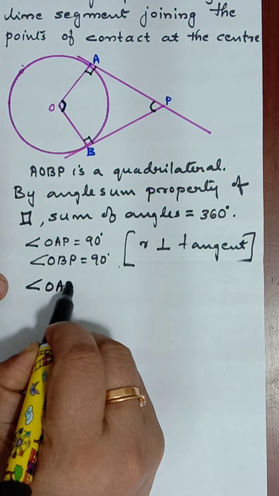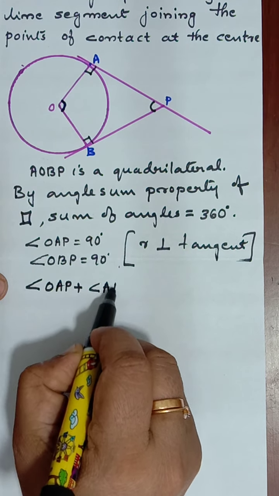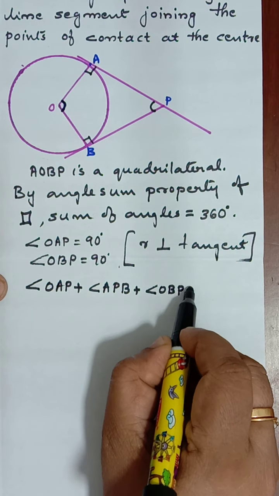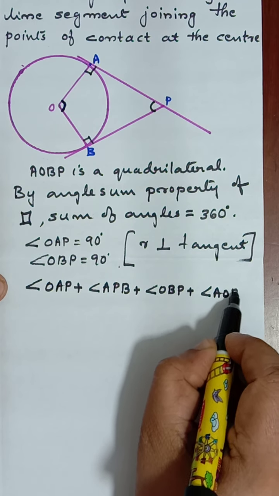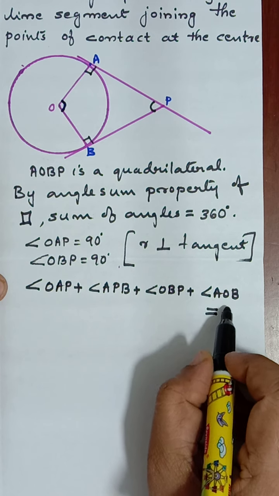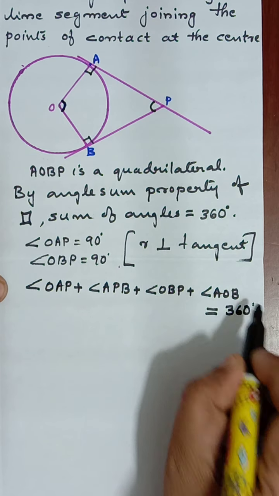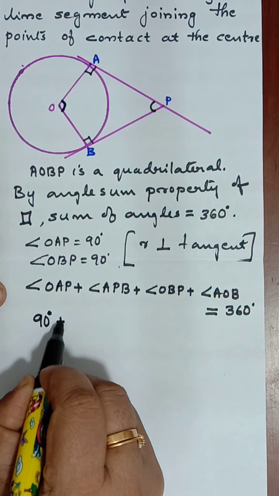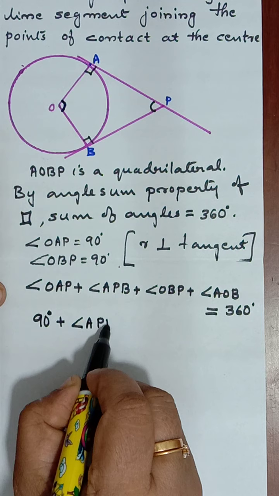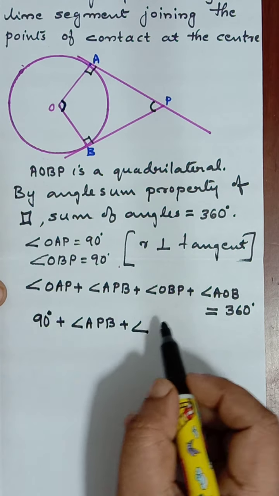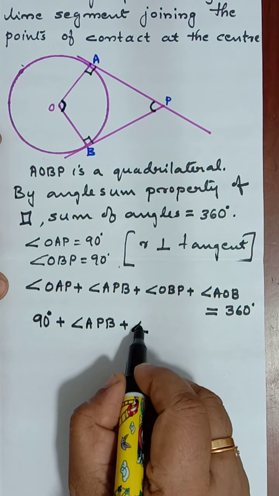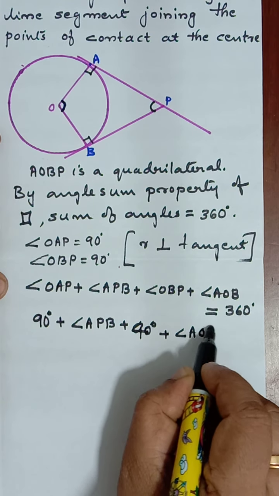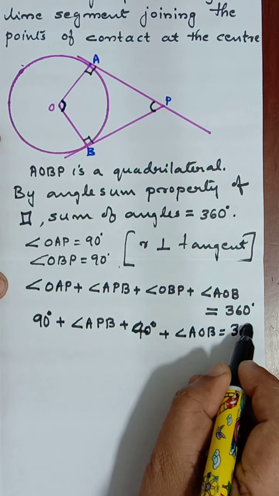Angle OAP plus angle APB plus angle OBP plus angle AOB equal to 360 degree. Now we substitute: OAP is 90 degree, plus angle APB which we do not know, plus OBP equal to 90 degree, plus AOB, equal to 360 degree.